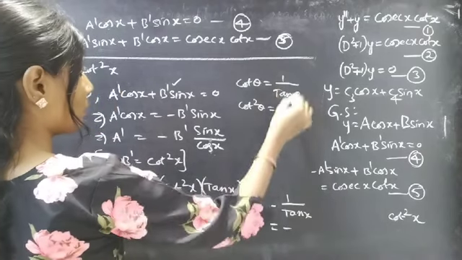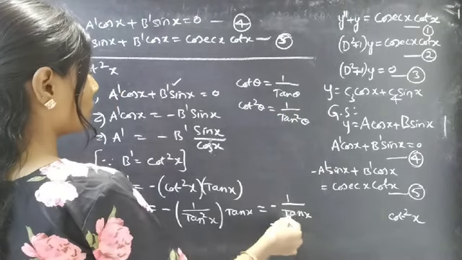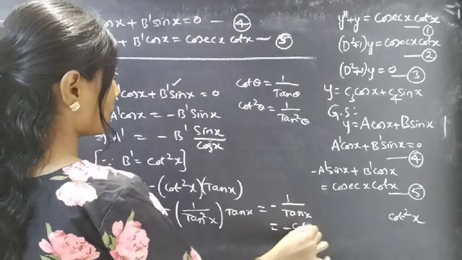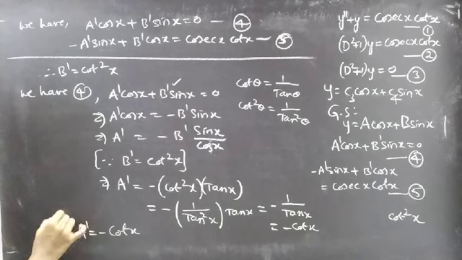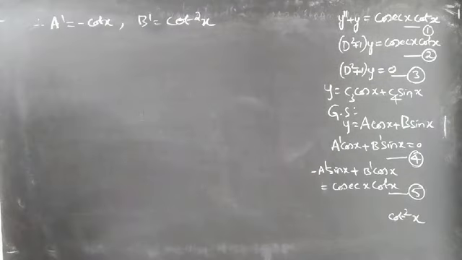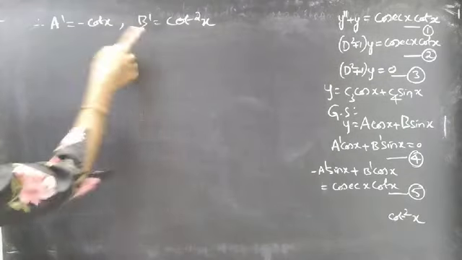Again, 1 by tan theta is cot theta, so we can write 1 by tan x as cot x. Therefore a dash equals minus cot x. We got a dash and b dash.